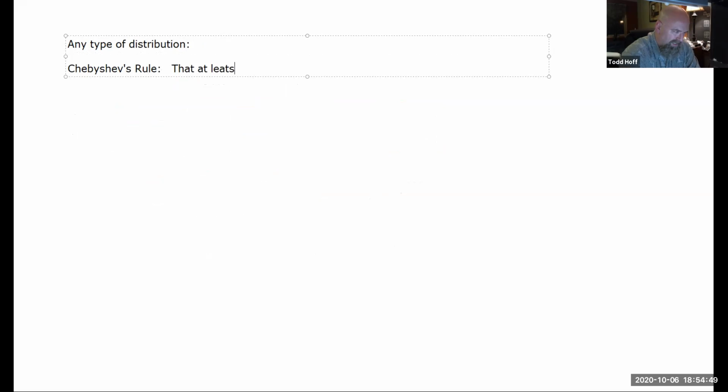Well, for any distribution of data, there's something called Chebyshev's rule. It says that at least a certain percent will be within k standard deviations of the mean. So we start out with k has to be greater than or equal to 2.